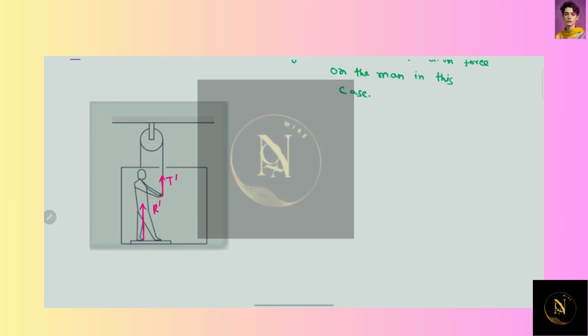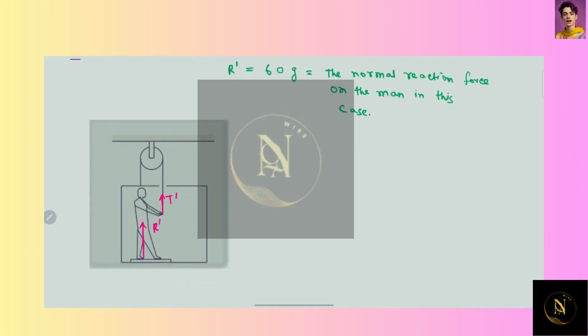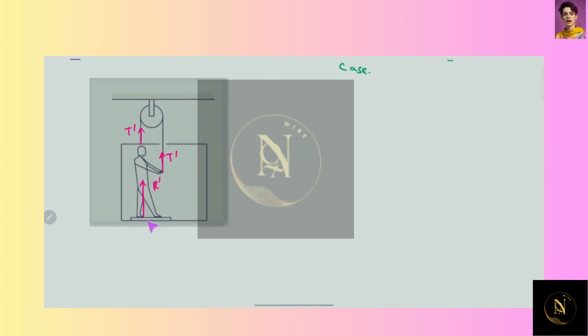On the box the normal force will be acting downward, which will be R prime. The weight of the man will be acting downward, which is m1g, and the weight of the box will be acting downward, that will be m2g. So these are the forces acting on the whole system.